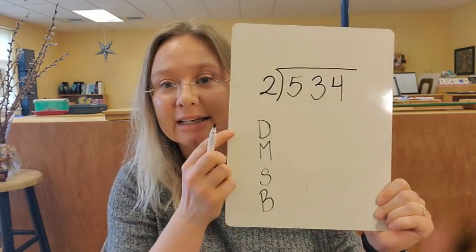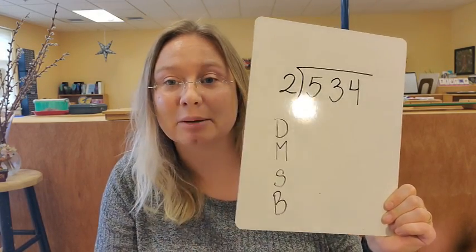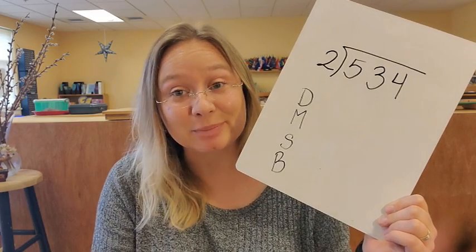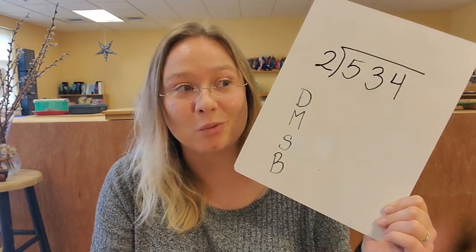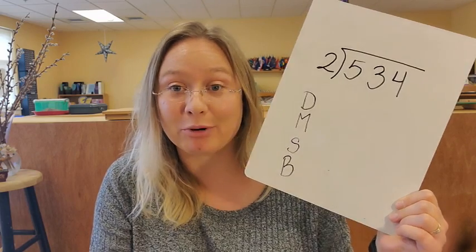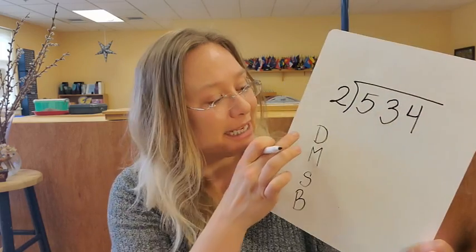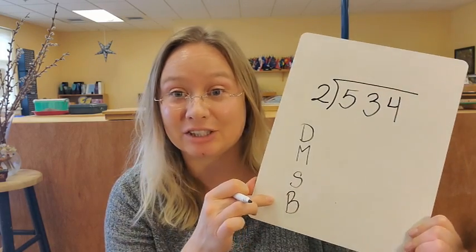The steps in long division, we can remember using some letters that can help us remember the steps: D, M, S, B. Not to be too silly, but one of the ways we can help our brain remember things is to be a little silly. So we think of words that these letters start with.